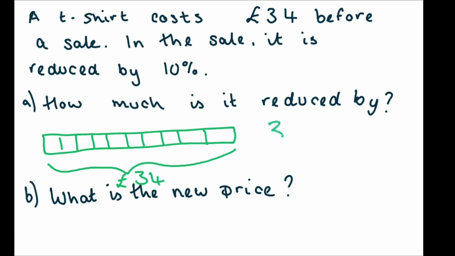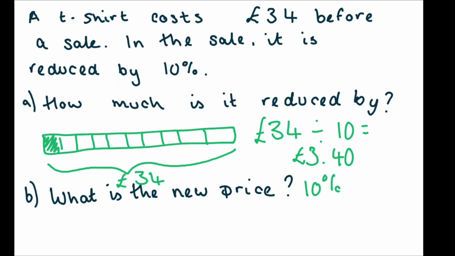So that means I'm going to do £34 divided by 10. And that gives me £3.40. Now I just want one of these boxes, so then I can just say 10% of £34 equals £3.40.